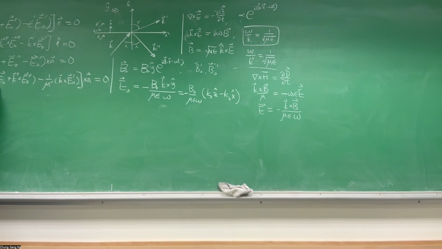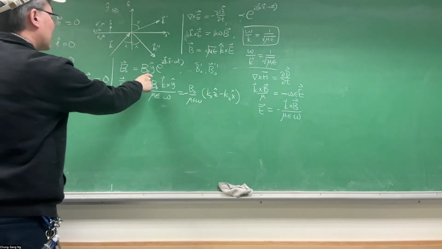Okay, so again, this is k cos ψ in the y direction, which is ε vector B0.